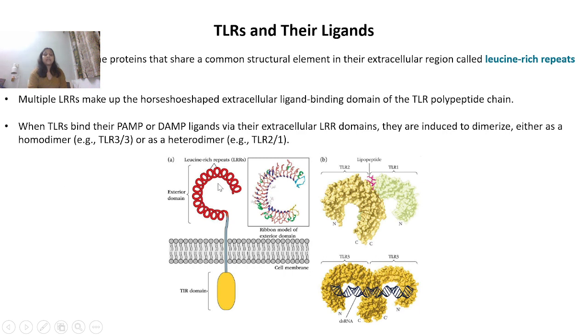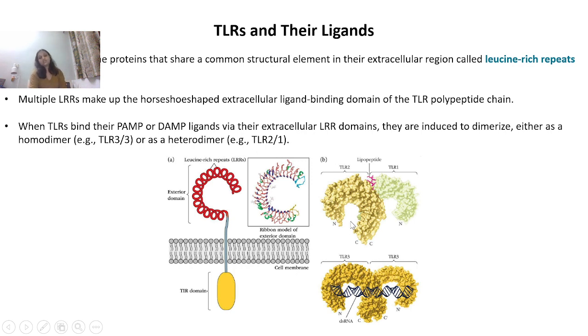So whenever there is a binding of these PAMPs or DAMPs via the extracellular LRR domain, they will dimerize, either as a homodimer like TLR3 and TLR3 joining together. Here we can see two TLR3 joining together, and this is the binding of the ligand, which is a double stranded RNA. Or it can bind to a different TLR, like TLR2 and TLR1.